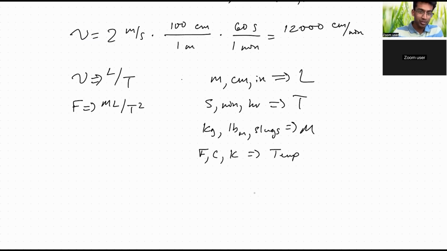It doesn't really matter what we choose for the mass or for the length or for the time squared, as long as we've put it in the format ML over T squared, then it's a unit of force. So stuff like kilograms meters per second squared is just as valid as pound mass times feet per second squared. Both are equally valid units, right?